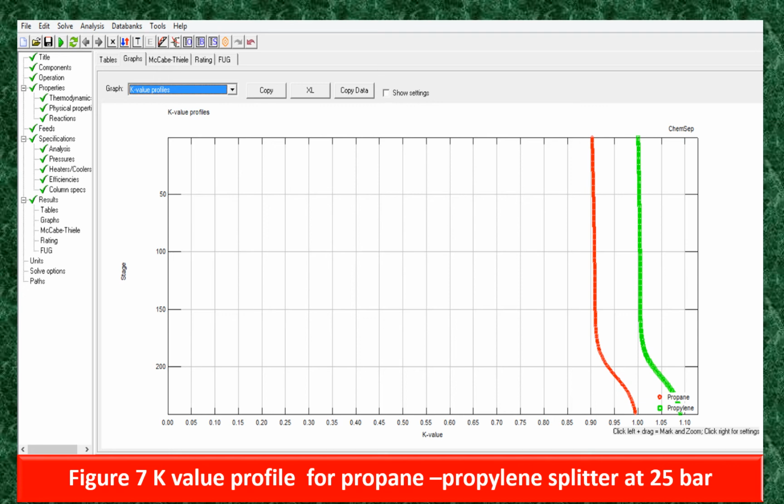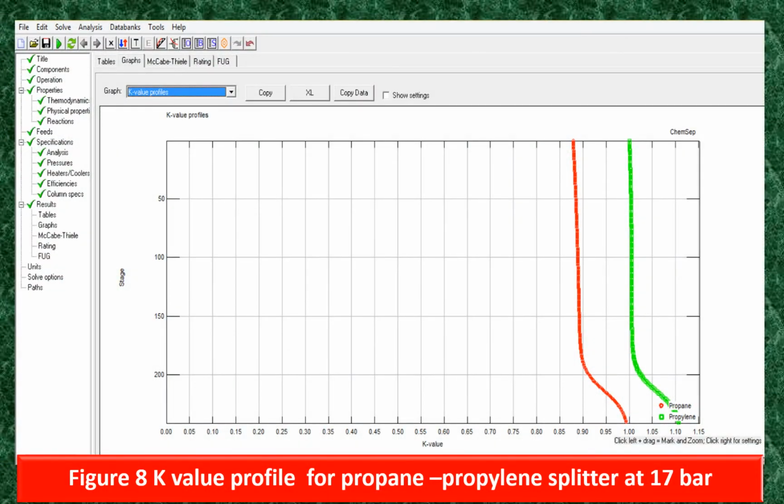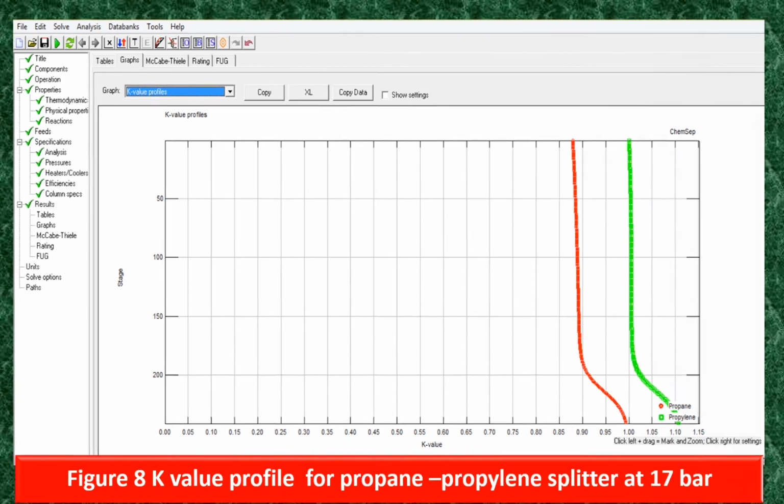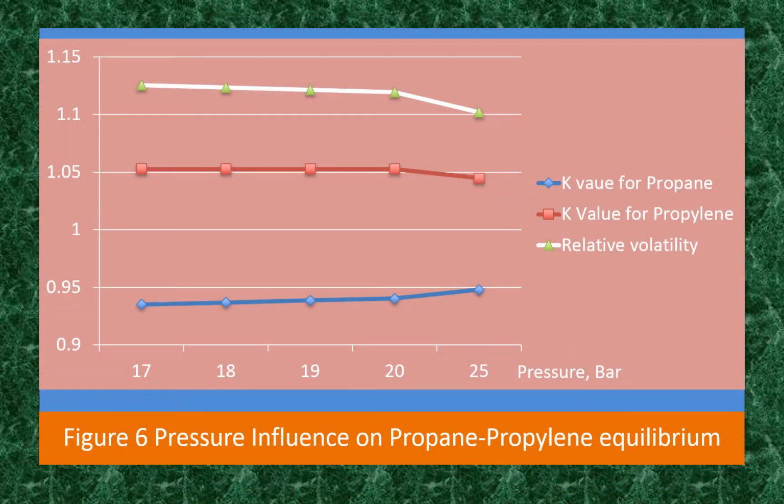This graph illustrates the K-value profile of propylene and propane at 25 bar across the stages obtained by simulation. This graph is a K-value profile for propylene and propane at 17 bar across the stages obtained by simulation. This plot is the effect of pressure reduction on propane-propylene equilibrium.